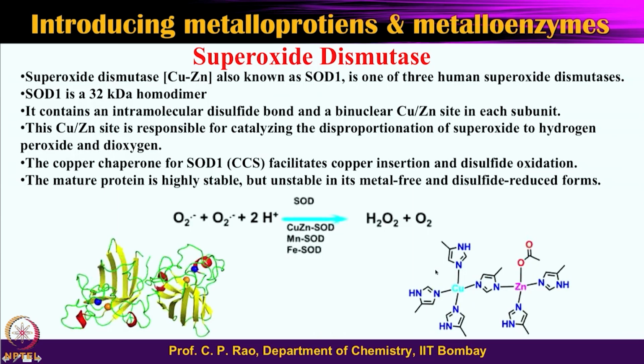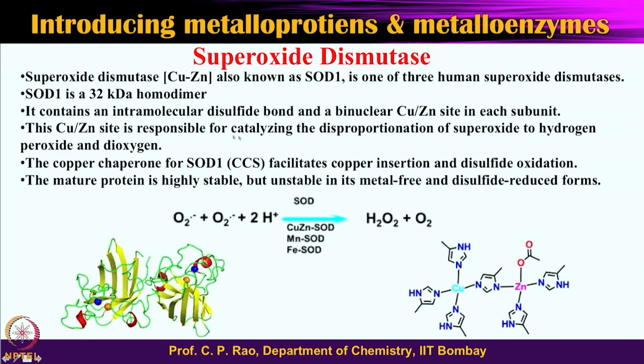Now, let us look at this last enzyme, which is superoxide dismutase. Superoxide dismutase is a copper and zinc bimetallic, one is copper, the other is zinc. This is present in the human, and this is a homodimer of around 32 kilodalton.